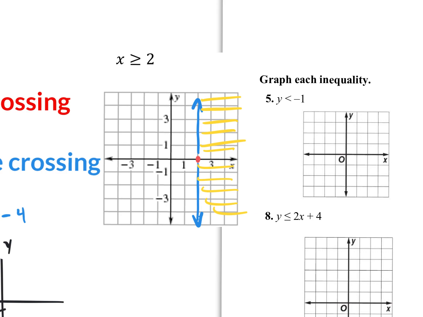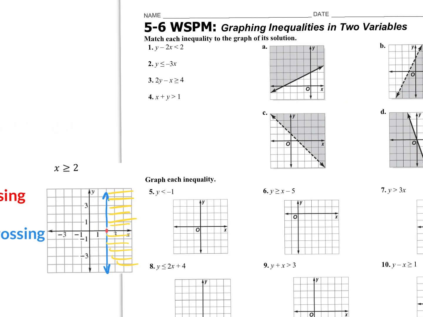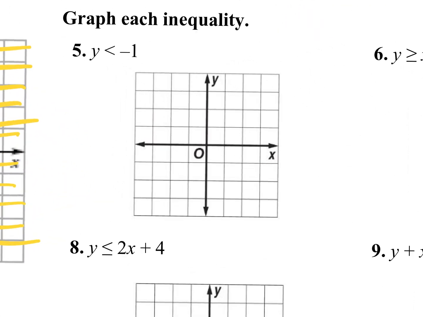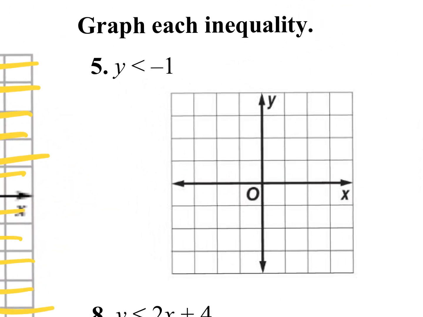Now, you don't have this question on your worksheet, but if you do flip your worksheet over to the homework page, you do have number 5, and that's y is less than -1. And that's right along with what we've been saying. Y and a number like -1, you're going to go to the y-axis. You're going to go to that value, -1. You're going to put a dot there.